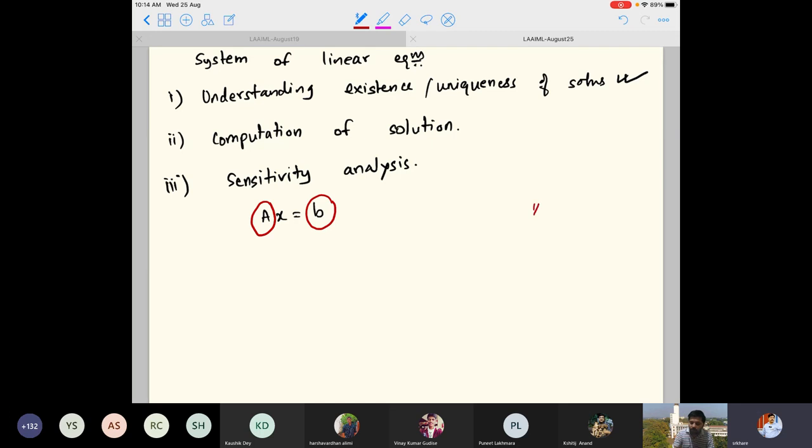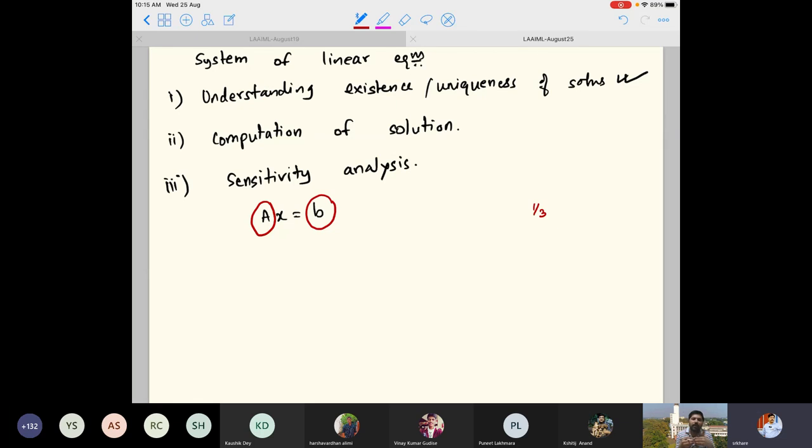Like in a computer, you cannot even store the number 1 by 3, right? You can never store the number 1 by 3 accurately. So if on the right hand side B it is 1 by 3, then you will never be able to store 1 by 3. 0.33333, you have to do it infinitely many times to get 1 by 3. But in real life you cannot have that many bits in a computer, right? So you will always approximate. So there are errors that are already there in storing real numbers in a computer, right? So the problem starts from there.